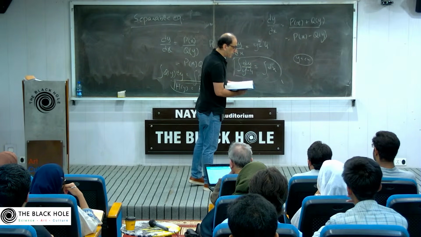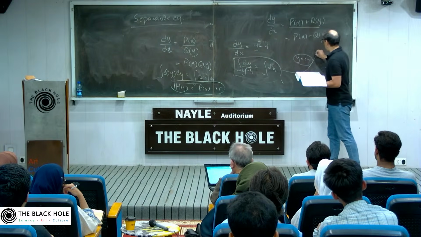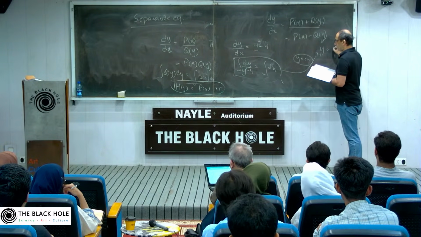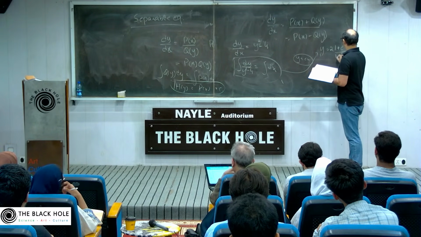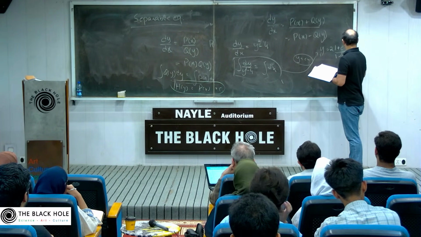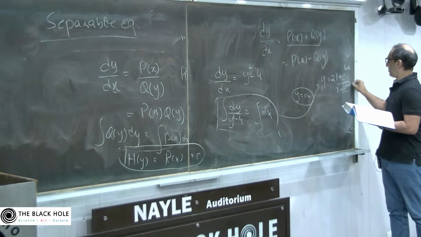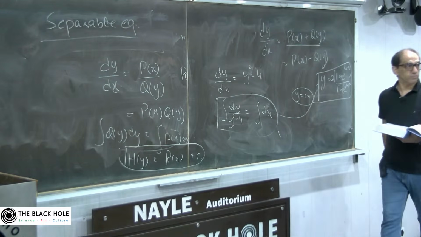Okay, all right. So without going into the nitty-gritty of anything, once I solve it, this is the solution that I get. This is the solution of this differential equation. Okay?